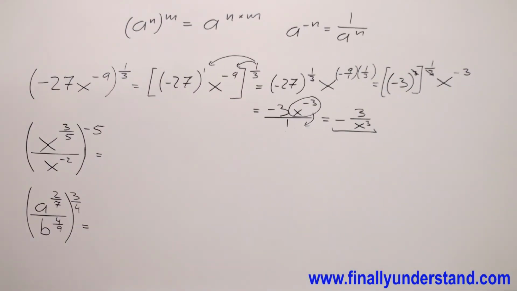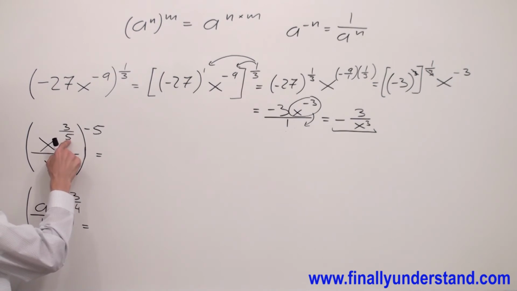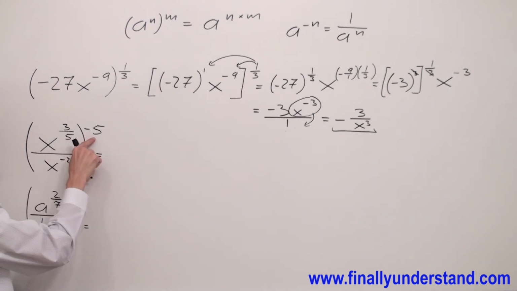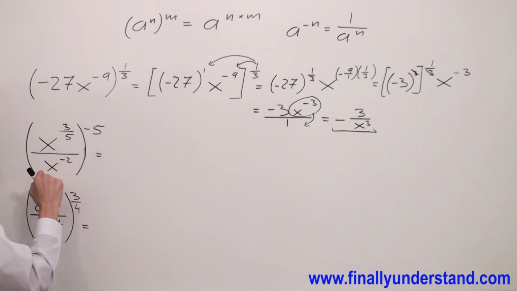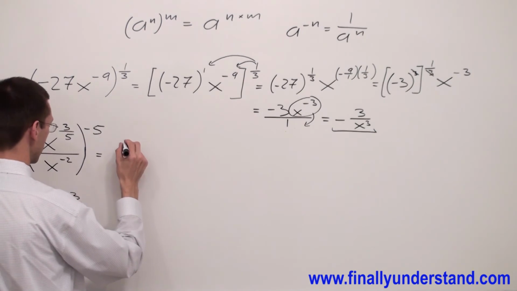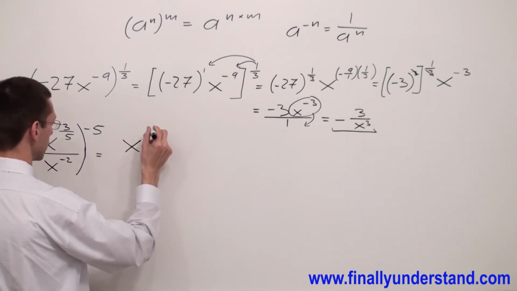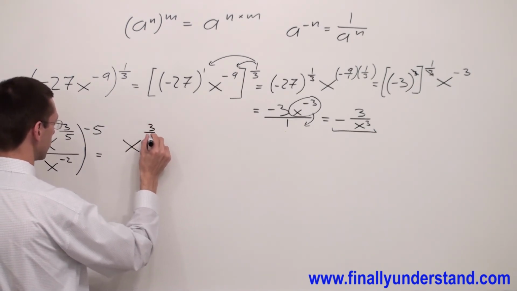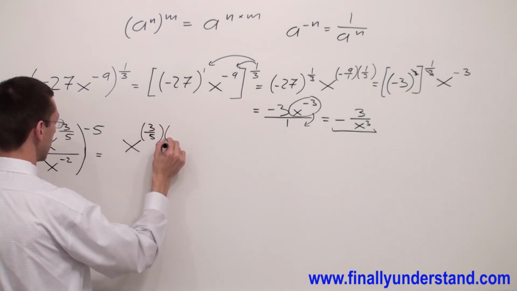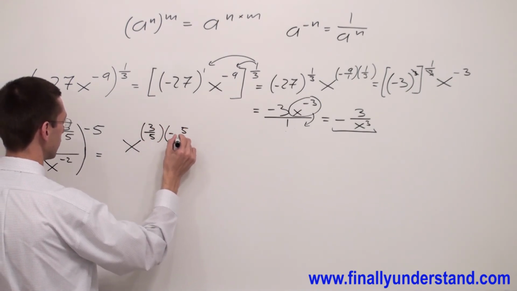Let's take a look at the second example. Because I have 5 in the denominator over here, and I have 5 outside of the parentheses, I'm going to multiply the exponents first. That's why I'm going to have x to 3 over 5 times negative 5 over 1.